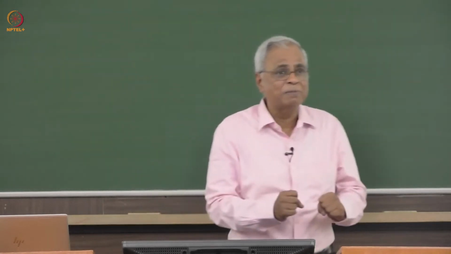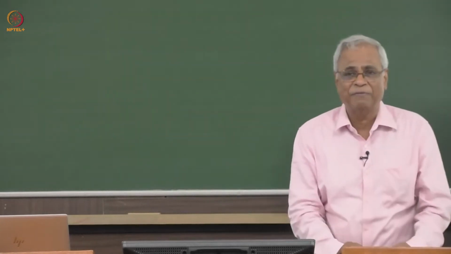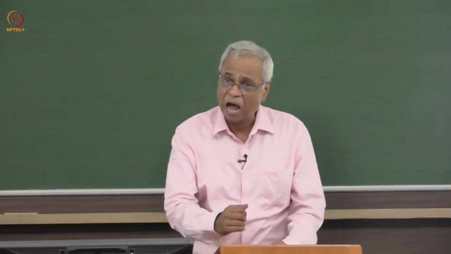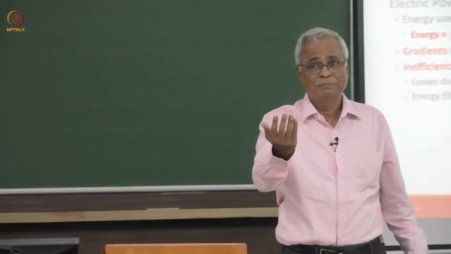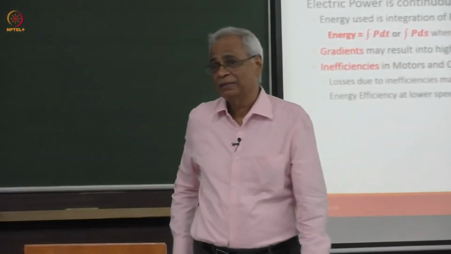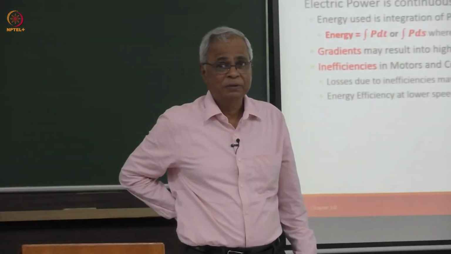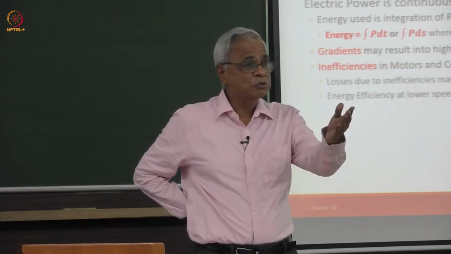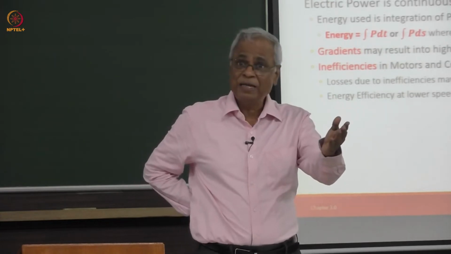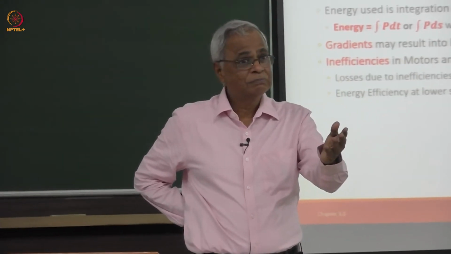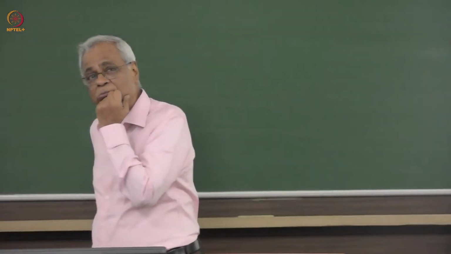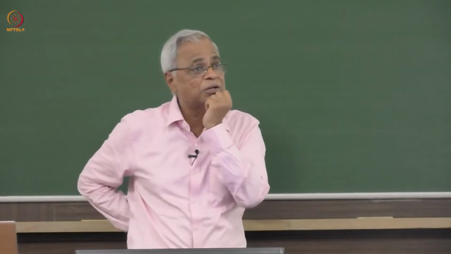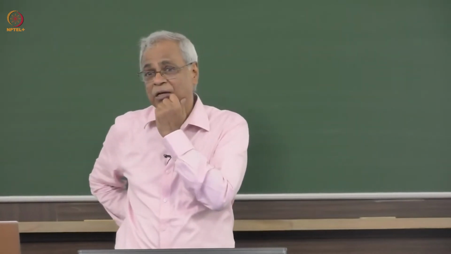The problem comes from the fact that the motor that I have in my electric vehicle has high efficiency, close to 90% for motor and controller, at 55 kilometer per hour. But once it comes to 20 kilometer per hour, there is almost 30 to 40% loss.